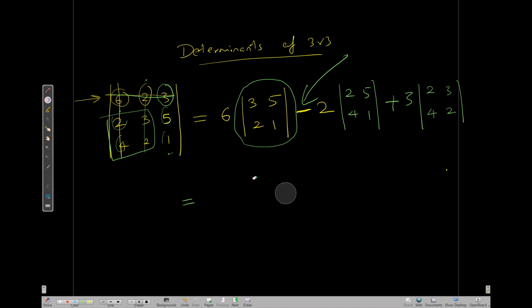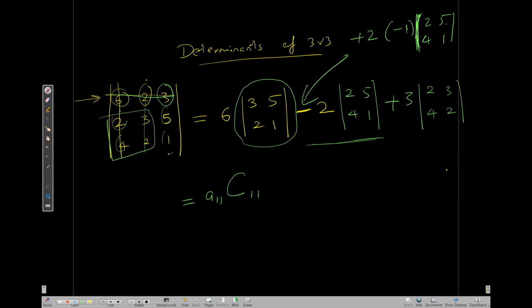So let me write it clearly again: A11, C11. And look at this, the second one, I can write plus 2 times minus 1 times the minor 2, 5, 4, 1, right?